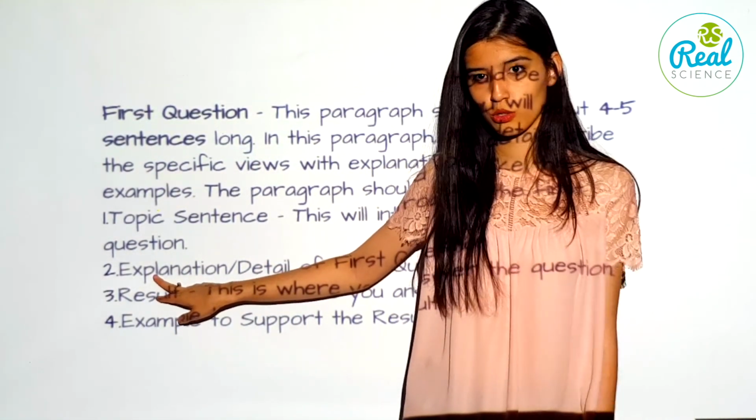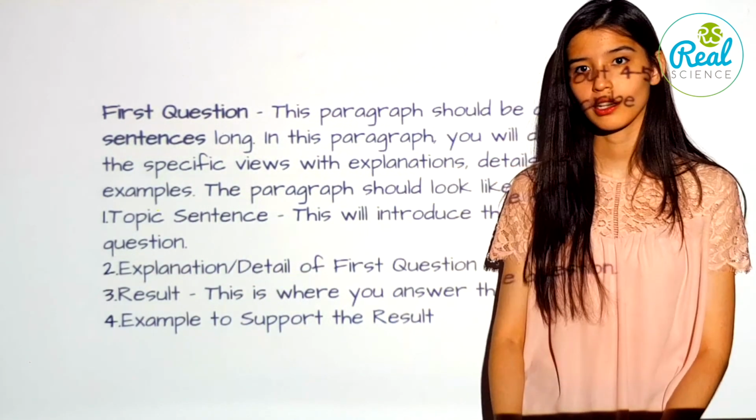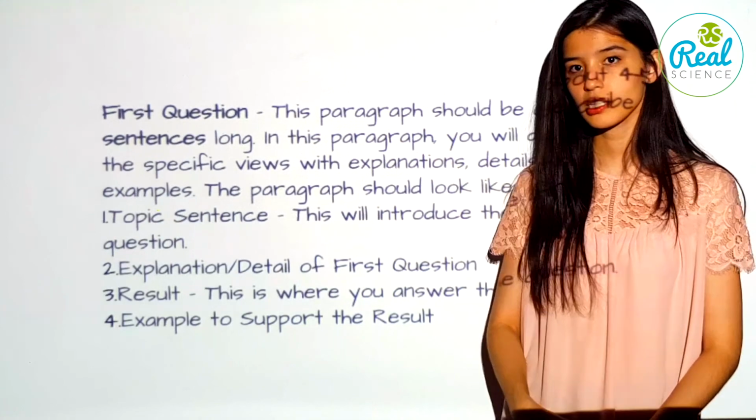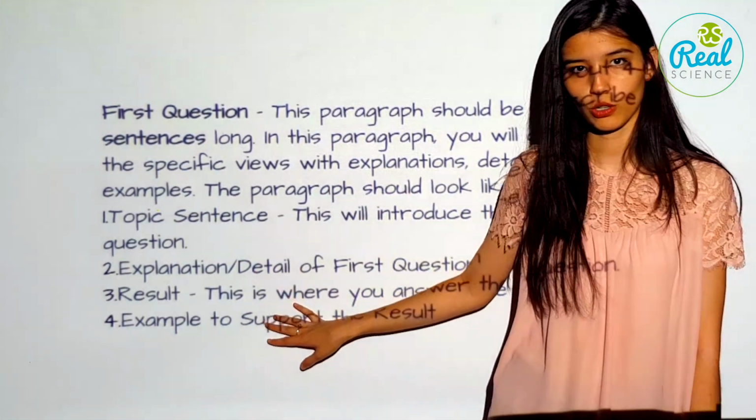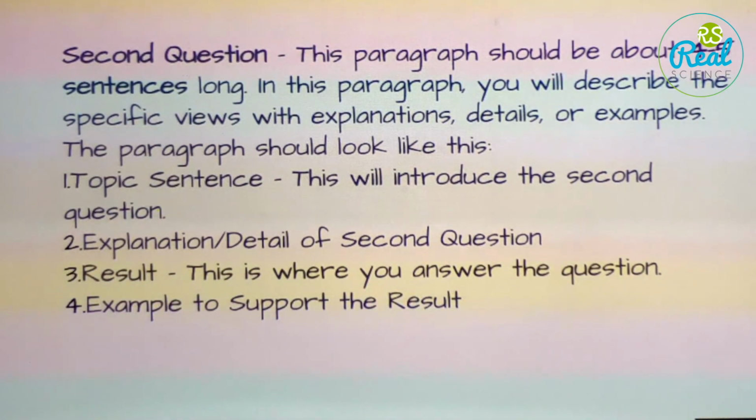It will take a lot of words to write, so that's why you can exclude the concluding sentence and make everything clear within these 4 or 5 sentences according to the structure. The second question will follow the same structure. Nothing will change, but your points and arguments will.